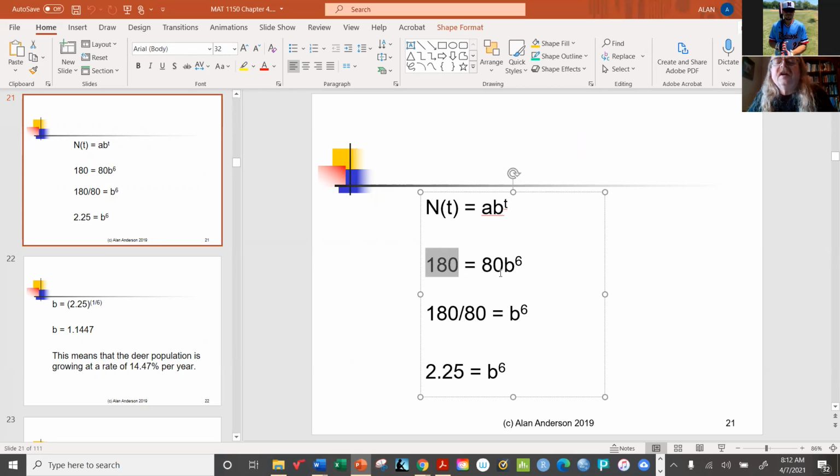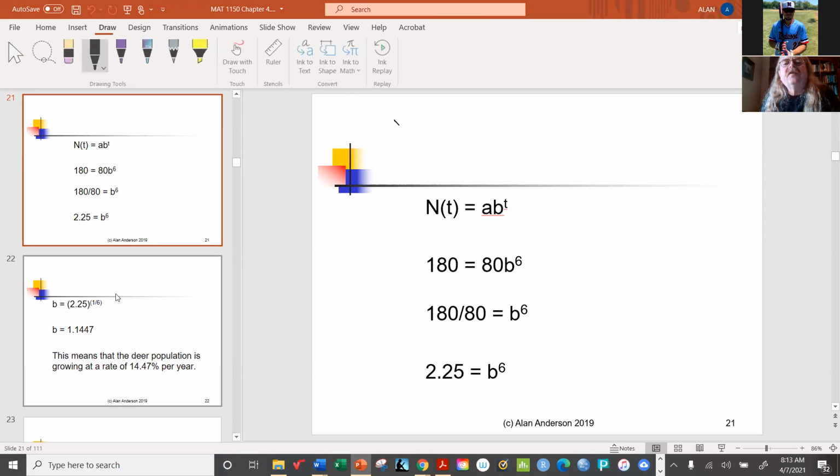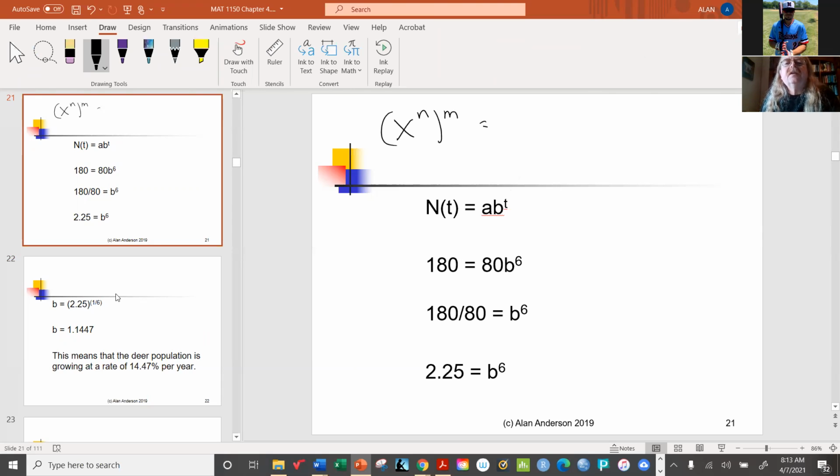So algebraically, I divide both sides by 80. Now, in order to solve for b, what I have to do is take the 1/6 root of both sides of this equation. And the reason for that is because when you do something like that, let's say just in general, you have x raised to the n power, all raised to the m power. This equals x to the n times m power.